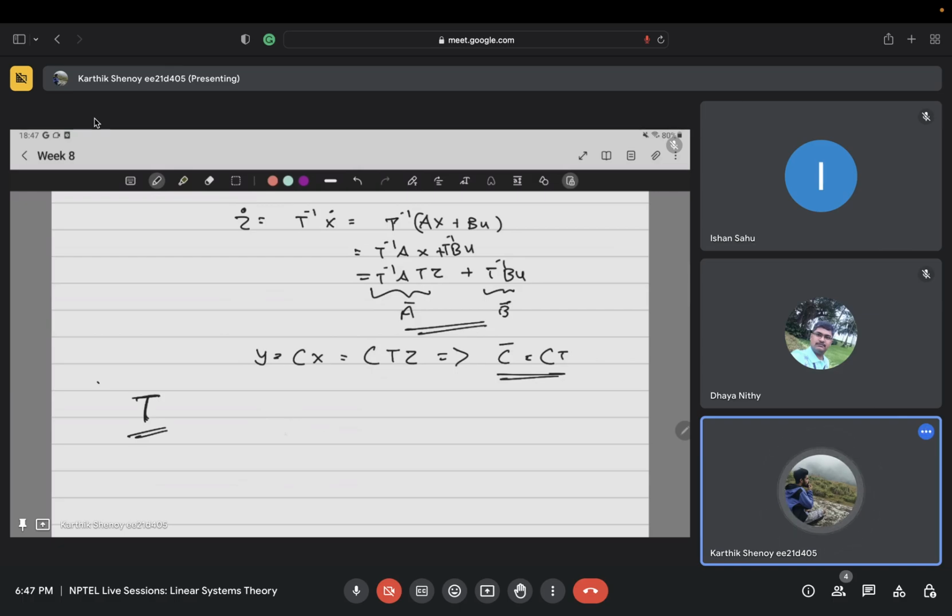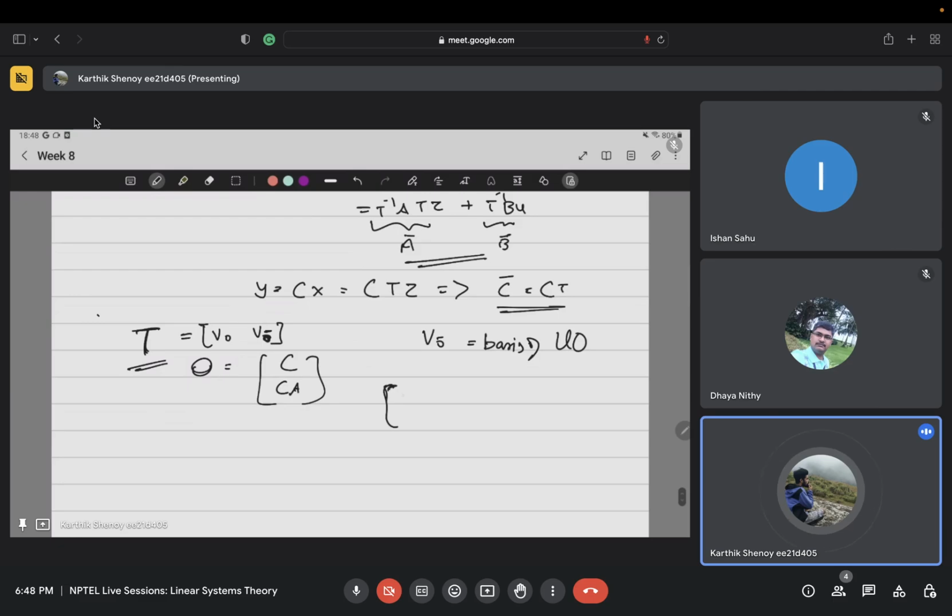So what you have to do is, I will just take a 2 cross 2 system, C, C A, which is your observability matrix, where T is equal to V and V O bar, where V O bar is the basis of the unobservable subspace. Let's take the previous case. What is the basis for the unobservable subspace?